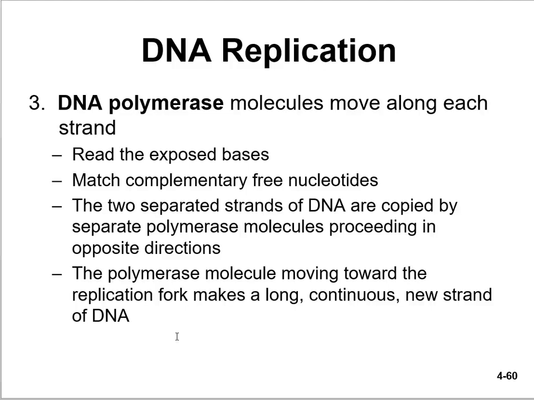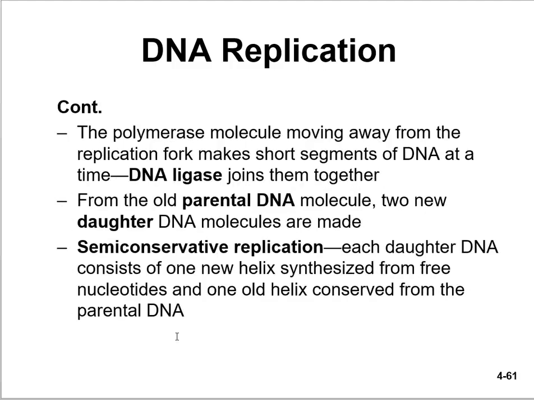The polymerase molecule will move toward the replication fork and makes a long, continuous new strand of DNA. The polymerase molecule moving away from the replication fork will make short little segments of DNA at a time, but that's okay because another enzyme called DNA ligase will join them together later.